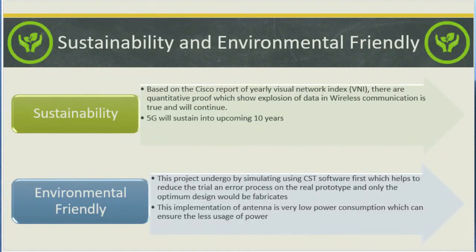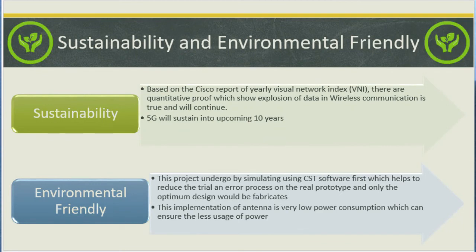In the aspect of sustainability and being environmentally friendly, based on the Cisco report of the Yearly Visual Network Index (VNI), there is quantitative proof which shows the explosion of data in wireless communication is true and will continue. It can almost be guaranteed that 5G will sustain into the upcoming 10 years.